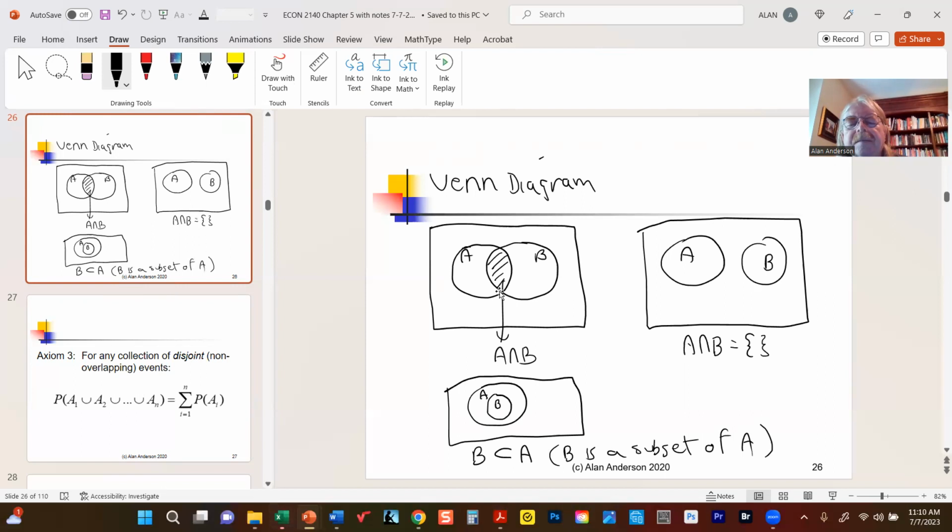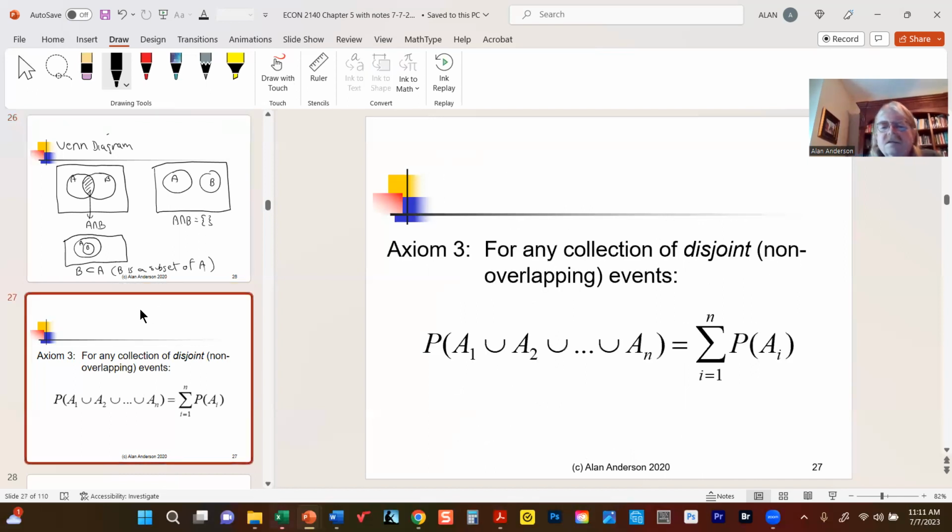So anyway, what this next axiom is saying is that imagine you have a series of outcomes or events that do not overlap ever. They're going to write it as generally as possible.